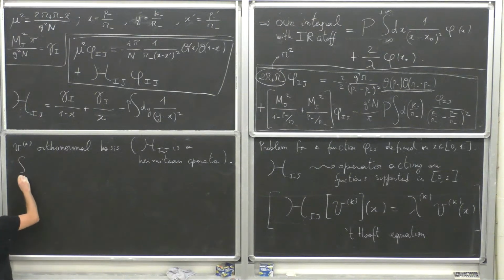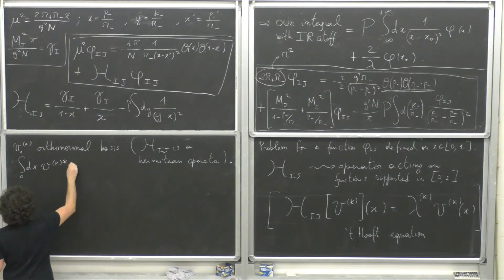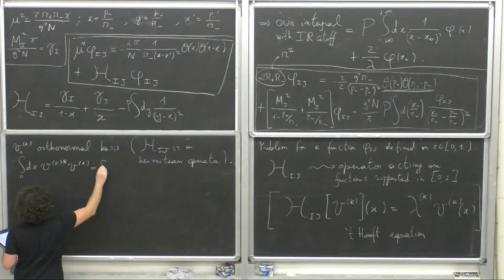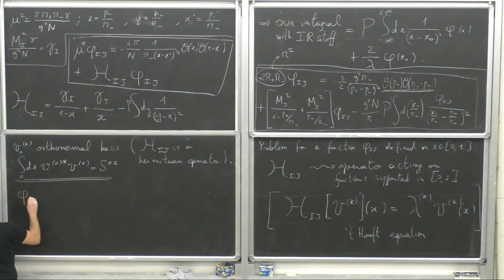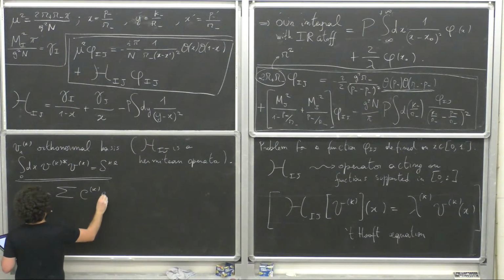And now they will satisfy something like this, V_k, a bit schematically, not taking into account possibly. Okay, so once I have this, I take my phi and I expand it in this basis with some coefficients.